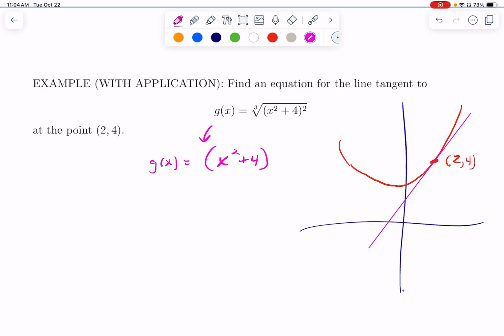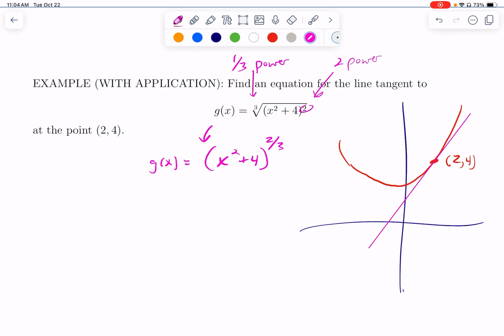So hopefully you understand that a cube root is like a 1/3 power, and squaring is like the second power. When we have both of those applied, this is actually the 2/3 power. You do need to be familiar with exotic powers like fractional powers and negative powers in order to apply the calculus rules.